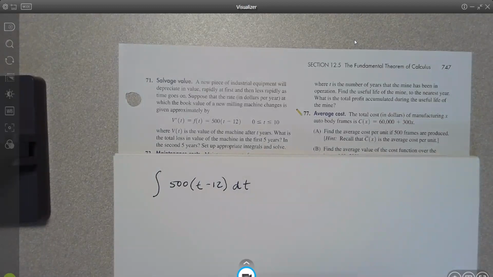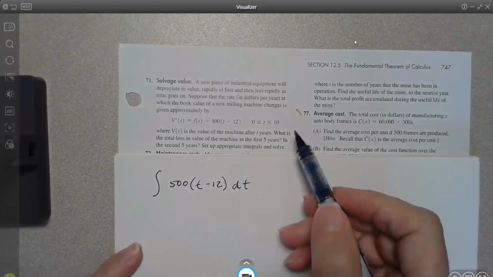It's not the problem itself, it's figuring out the lower and upper limits on this.